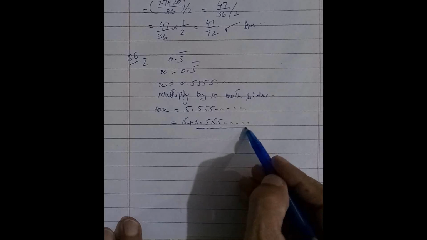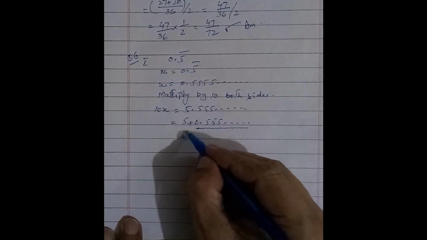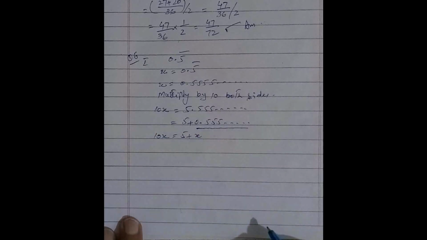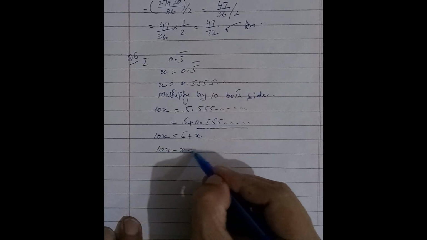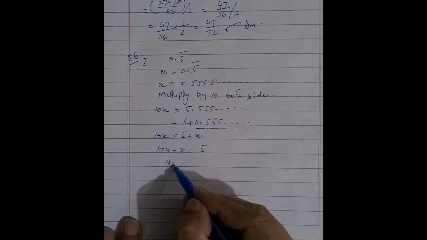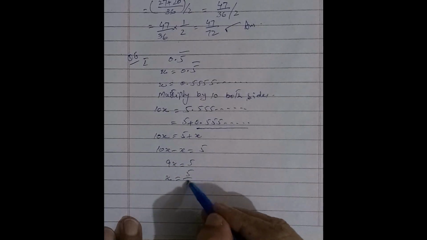And in this, the value 0.555 is represented by x. So we write 5 plus x is equal to 10x. And when we simplify it, we get 10x minus x is equal to 5. 10x minus x is equal to 9x is equal to 5, and x is equal to 5 over 9.